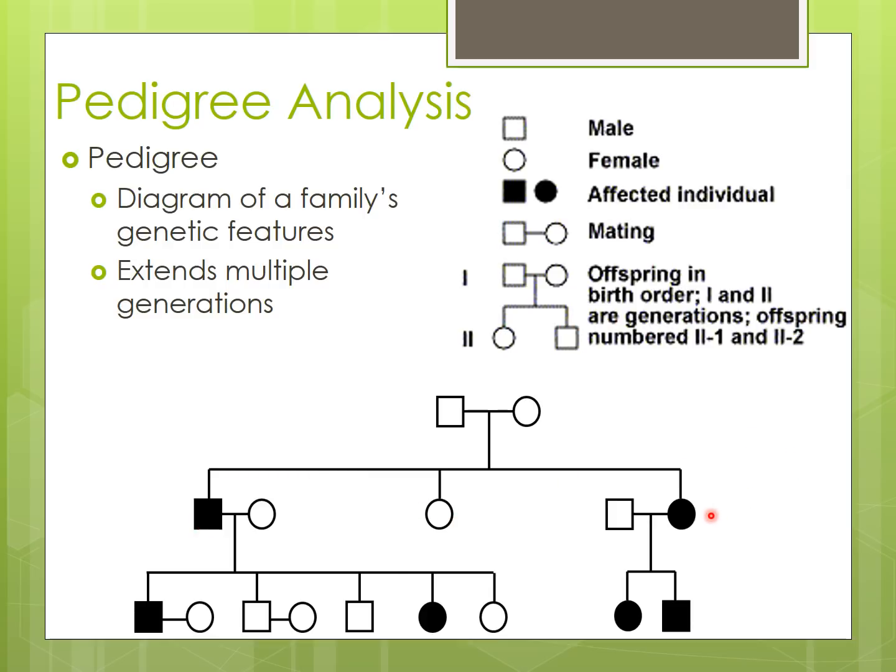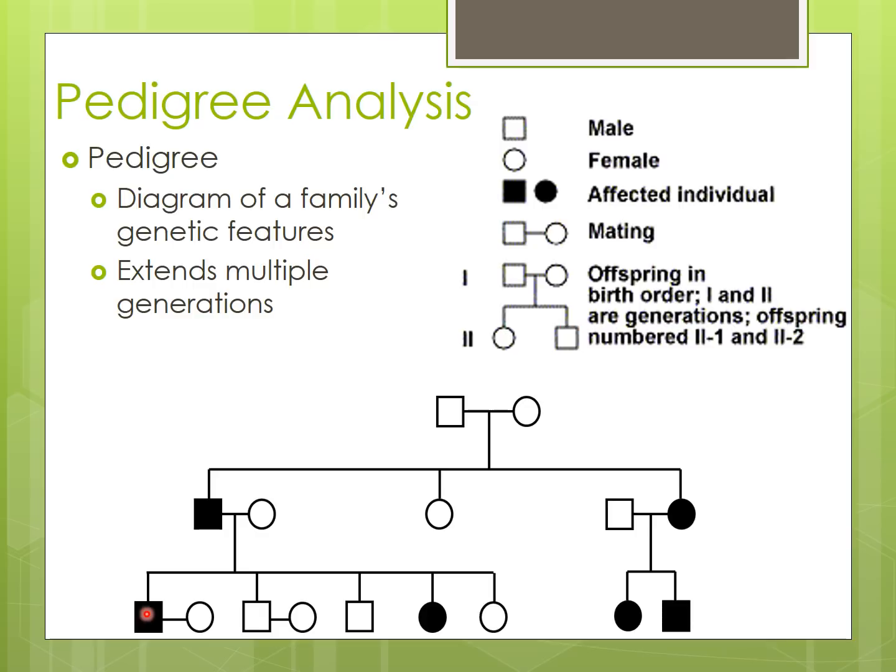If we start tying it in, we can see that this one male is affected, and his sister is also affected. And then we can look at multiple generations, right? In this case, this male mated with a female, leading to the next generation of 3 boys and 2 girls. In this generation, 1 female was affected and 1 male was affected.